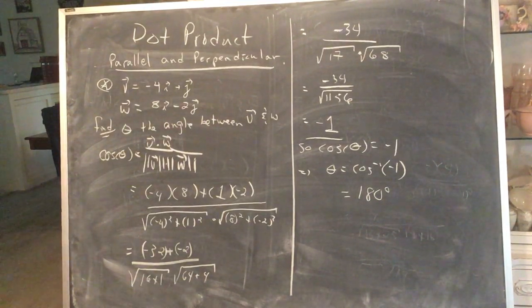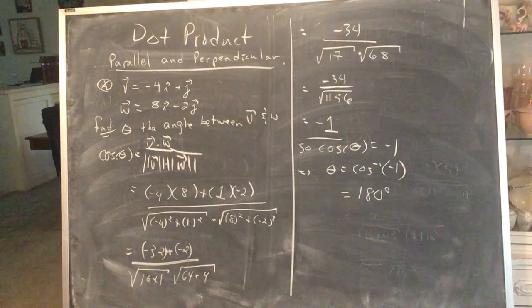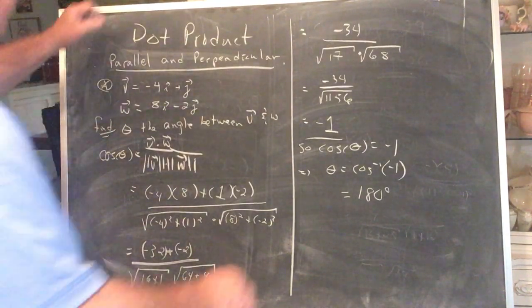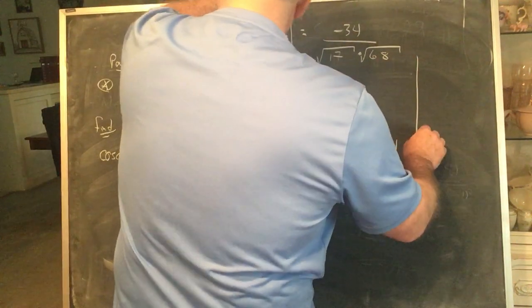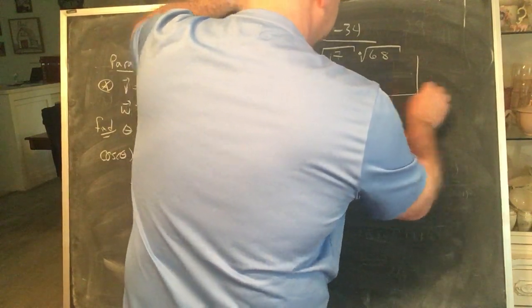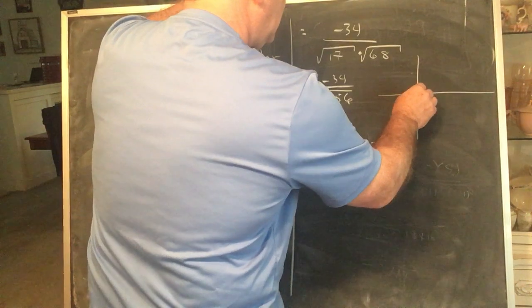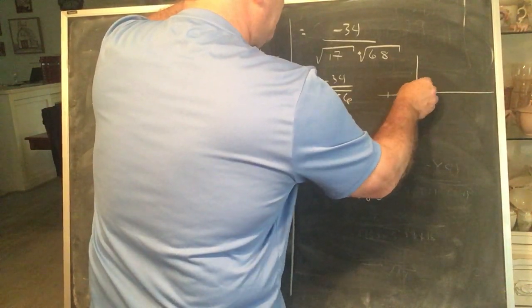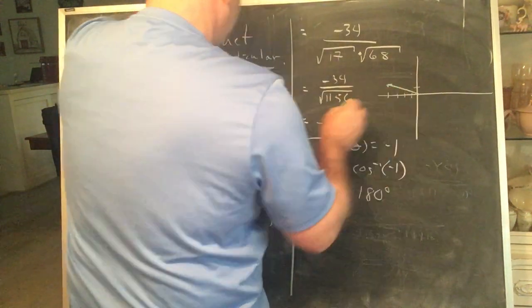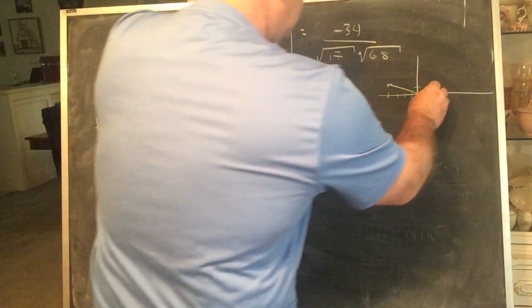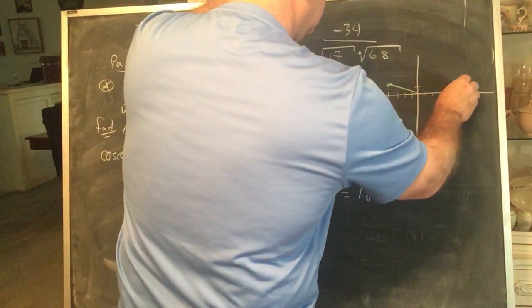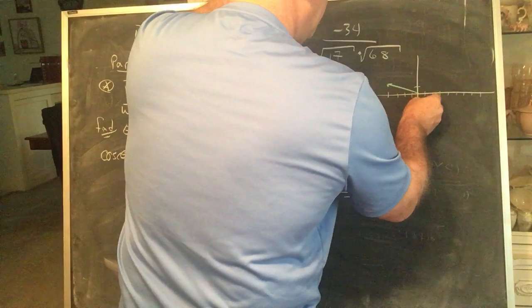If we could try to draw a reasonably decent picture, so negative 4, comma 1, and 8, comma negative 2.